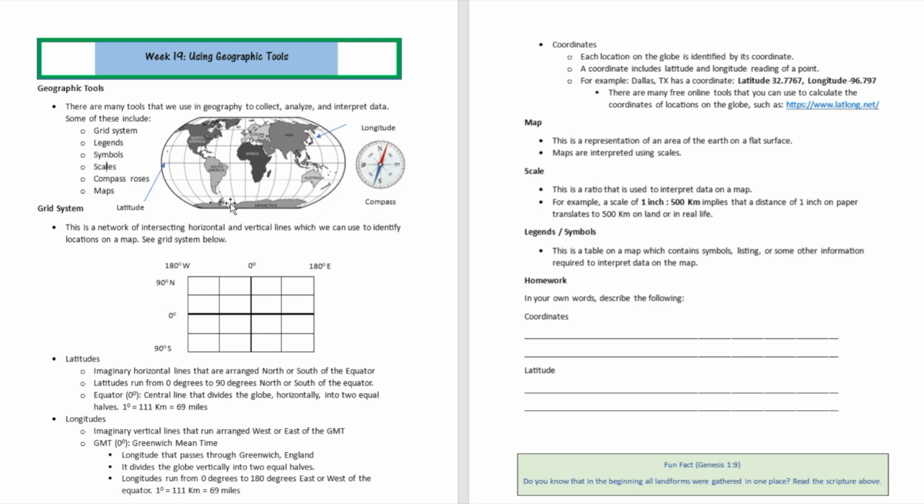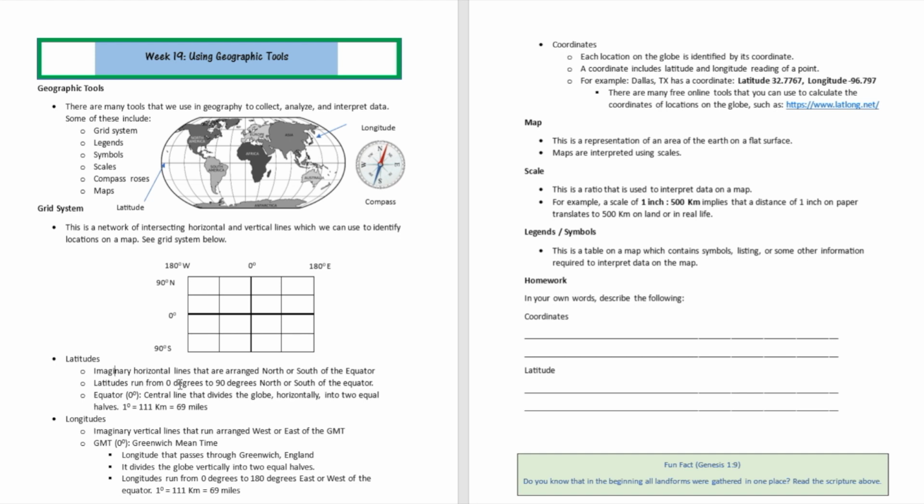It's divided into vertical lines, which you can see curving along the globe, and horizontal lines. The horizontal lines are called latitudes, and they are just imaginary lines. It doesn't mean that you see lines running across your street, but just think about it like that. Horizontal lines that we can use to identify places on the Earth are called latitudes, and the vertical lines that are imaginary as well are called longitudes.